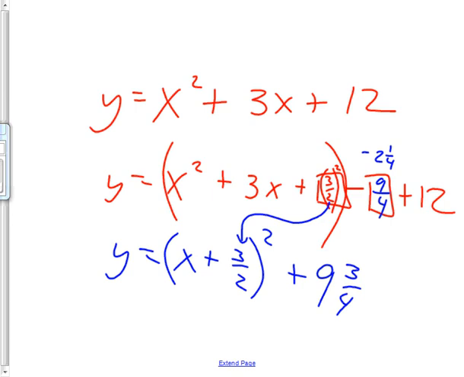All right, so would you try this one and see if you can handle this? Use the little fraction technique I showed you. Y equals x squared plus 7x minus 1. Try it. First do plus box, minus box.